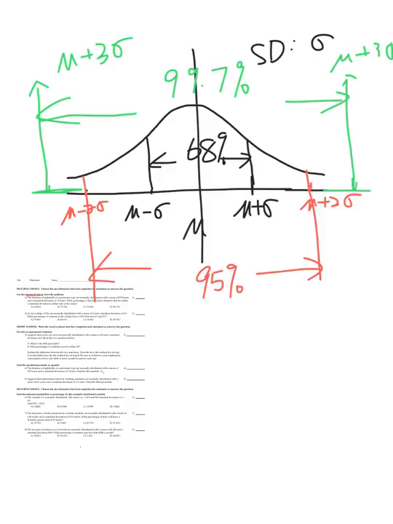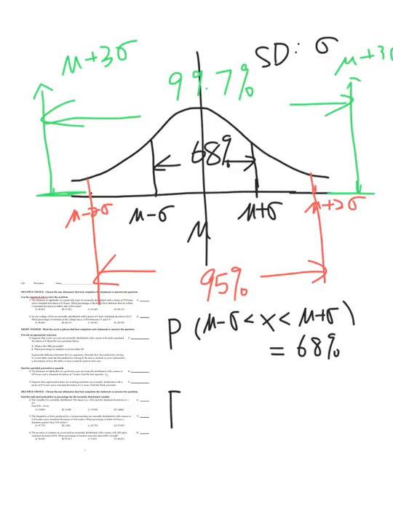That means if we are looking for the probability for x less than mu plus 1 standard deviation and bigger than mu minus 1 standard deviation, we have 68% of observations.